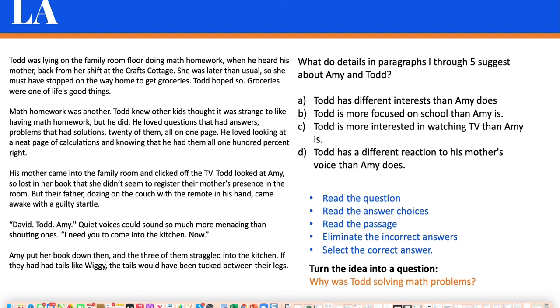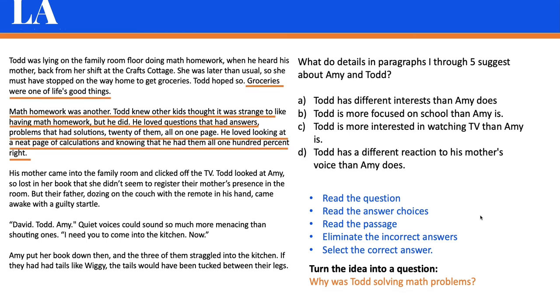And when I go back in and review the passage, I see that, by what's underlined in orange, Todd liked math. He liked solving math problems. As I read on, I see that Amy was startled because she was so engulfed in her book. So Todd liked math, and Amy apparently liked to read.